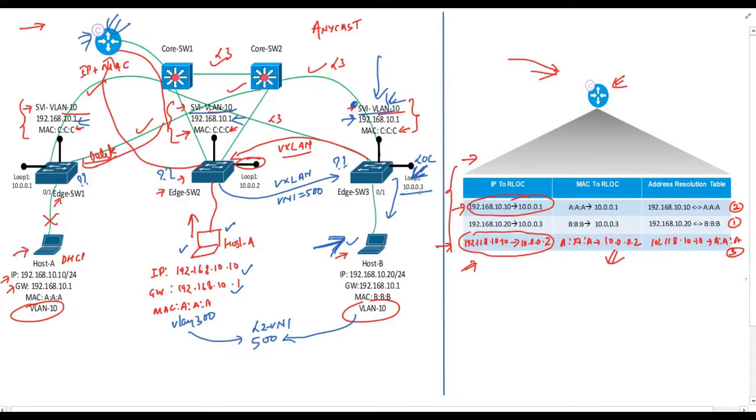So a remote host needs to forward the packet to 10.0.0.3 instead of its default gateway, right? Once the packet reaches 10.0.0.3 or switch 3, it knows how to forward these packets to host B. It needs to forward it to the SVI configured on itself, or this SVI, this one, correct?